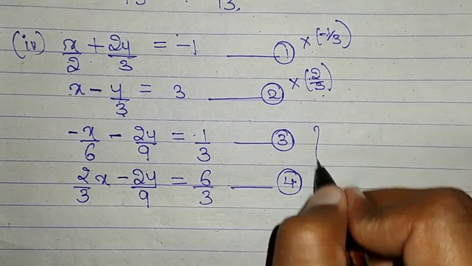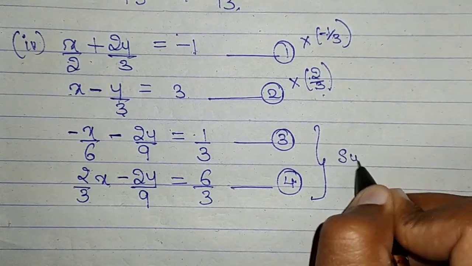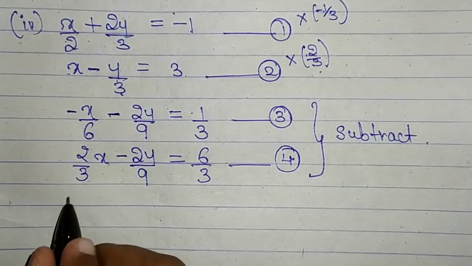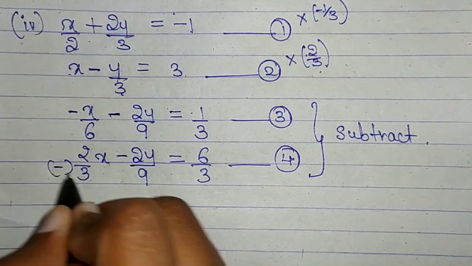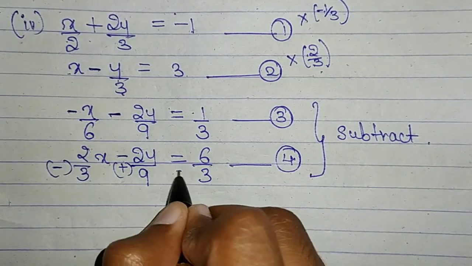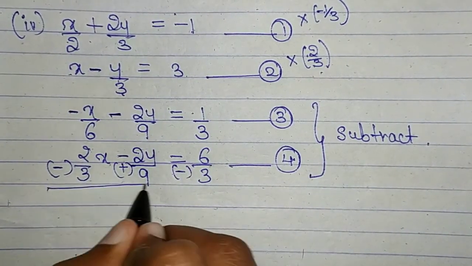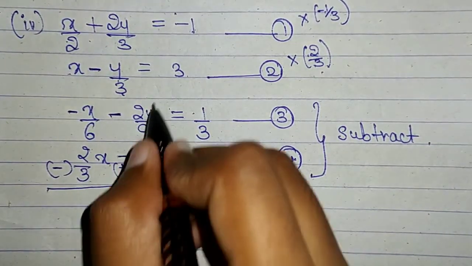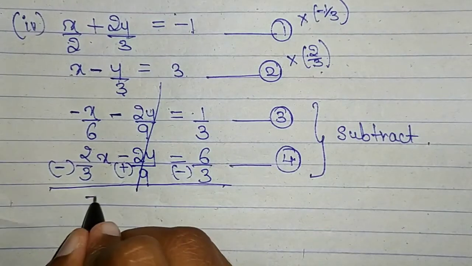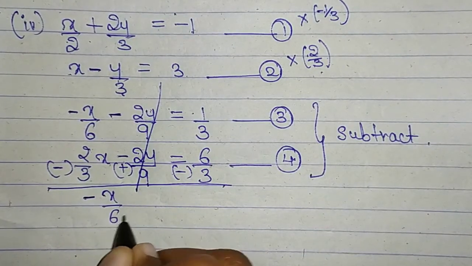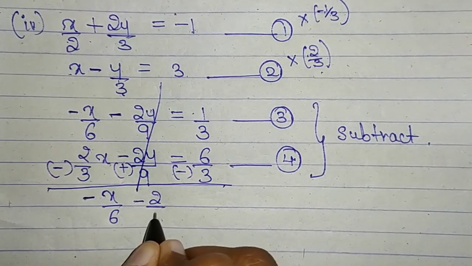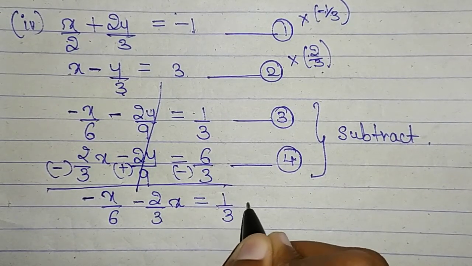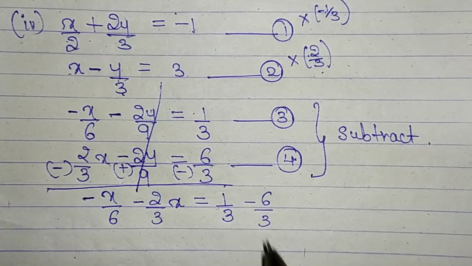Now let us subtract them. First the signs will change. Plus will become minus and minus will become plus. So minus 2y by 9 plus 2y by 9 cancels each other. Minus x by 6 minus 2 by 3x is equal to 1 by 3 minus 6 by 3.